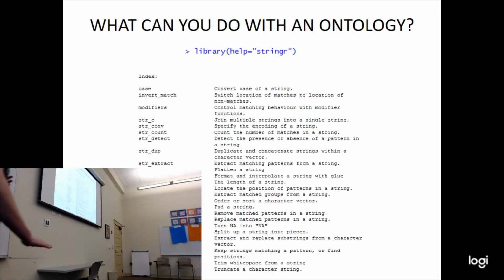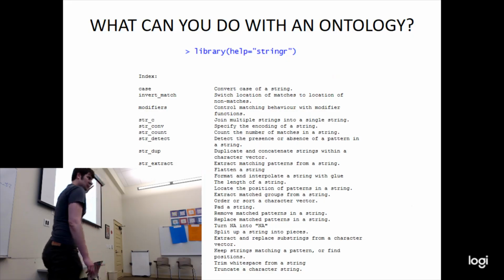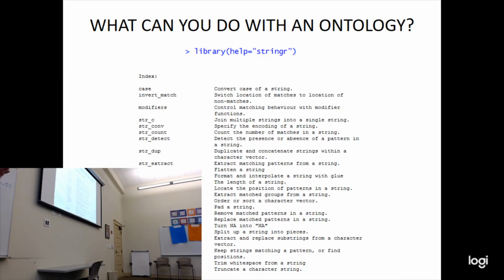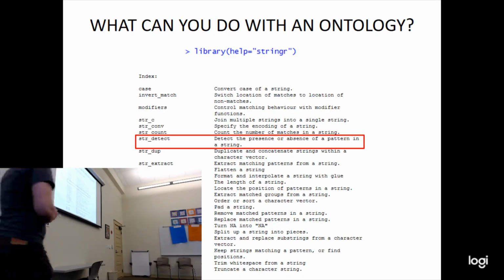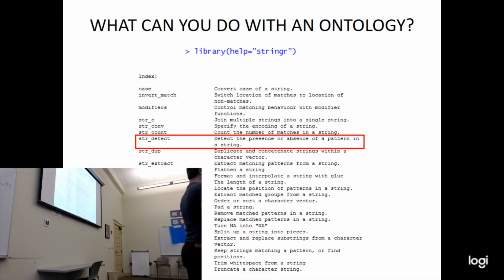stringr has a lot of different functions, and I'm not expecting you to know all of them. But I do want to make you aware of them, because if you need to do something with text, chances are stringr can do the task for you. One that I do want you to know something about is str_detect. What str_detect does is it returns a TRUE or a FALSE if a given chunk of text is found in some collection of variable names, for example.